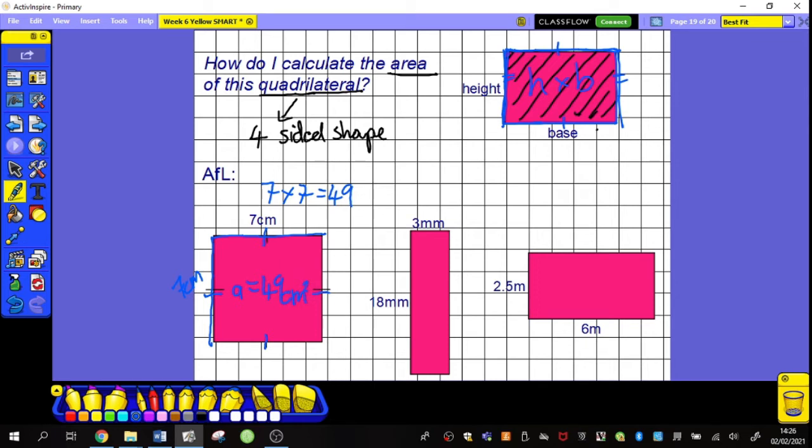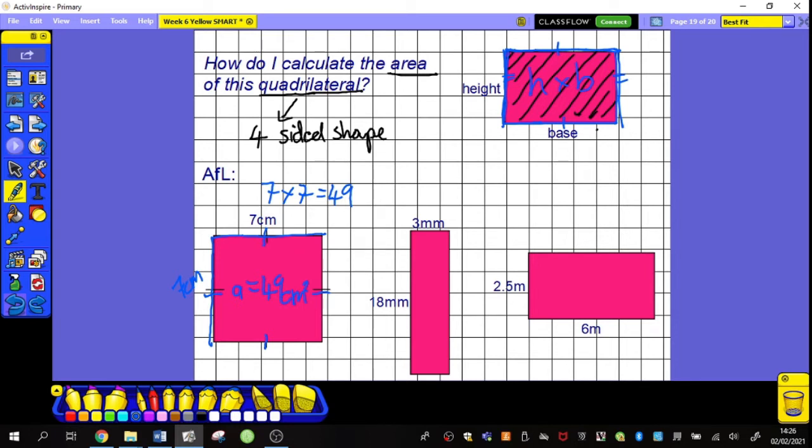They have that little 2 to tell me that there are 49 centimetres, and because we're working in 2 dimensions, it will be squared. Effectively, there are 49 of these little 1 centimetre squares inside. But you don't need to worry too much about that. Just remember that in area it is centimetres squared. Or, in the case of my second shape, maybe millimetres squared.